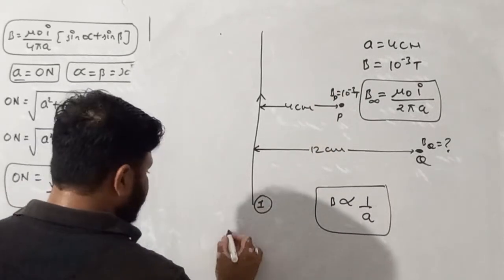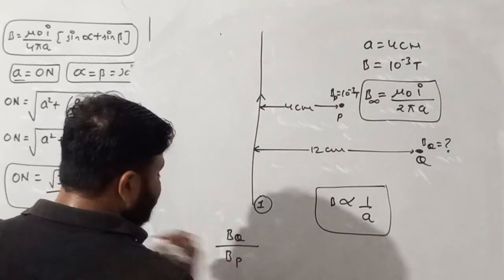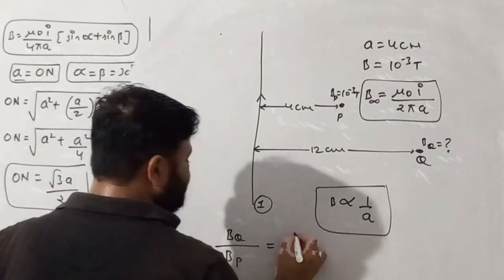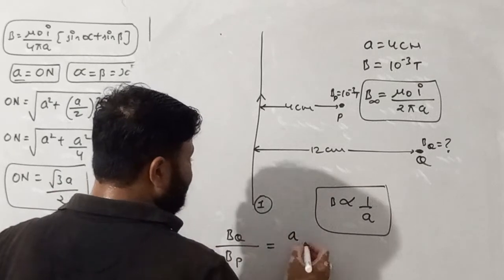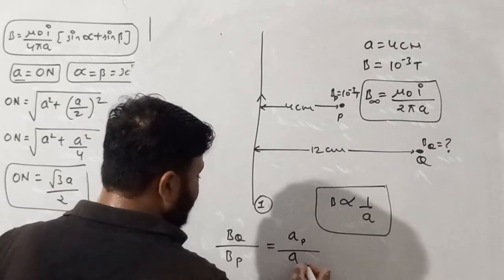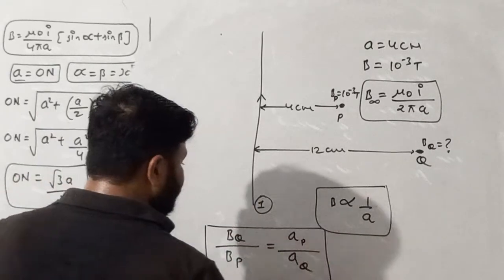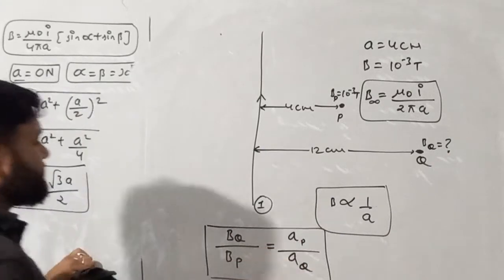So we'll say magnetic field at Q divided by magnetic field at P is equals to distance of point P divided by distance of point Q, because magnetic field is inversely proportional to distance.